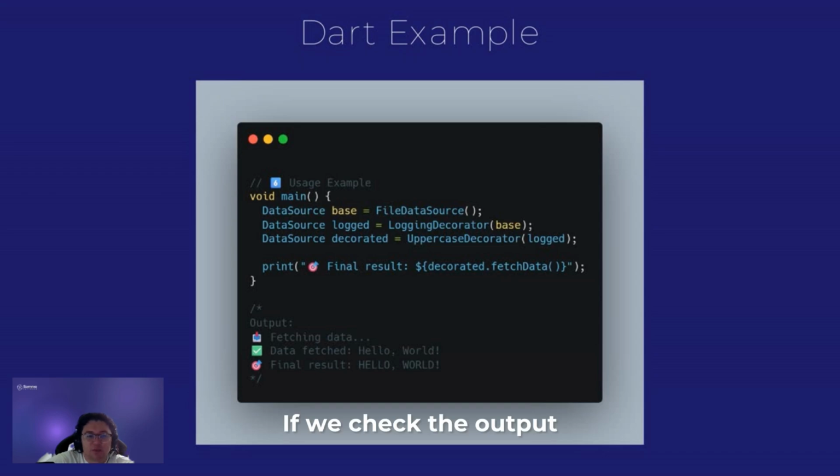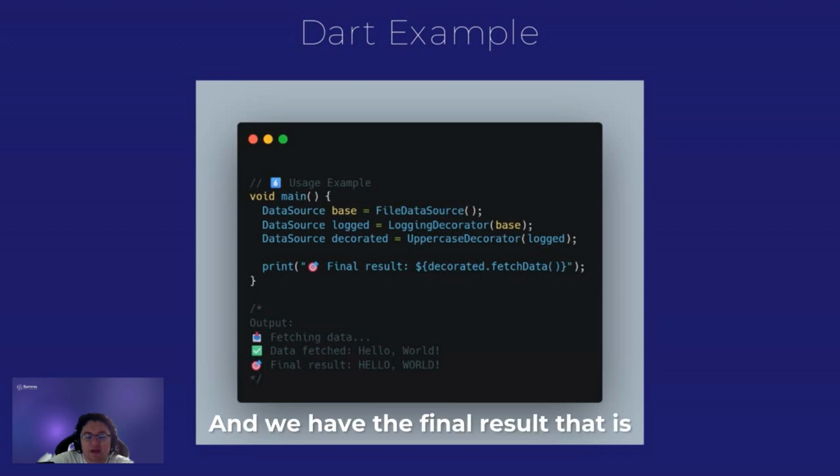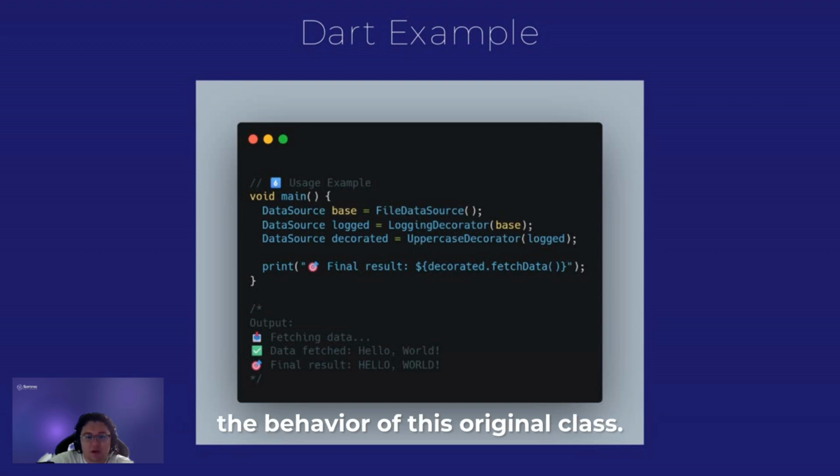If we check the output, we have the behavior of the printing of the logging decorator on fetching data. We have the original string, the original hello world from the base data source, and we have the final result, that is the result of the base data source hello world transformed into uppercase. We implemented two decorators here to extend the behavior of this original class.